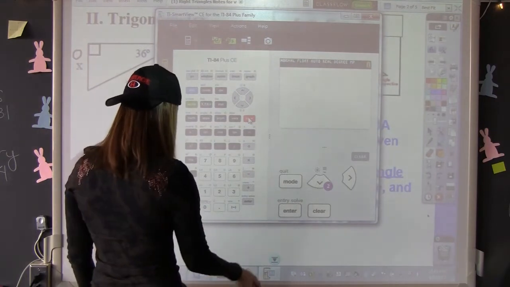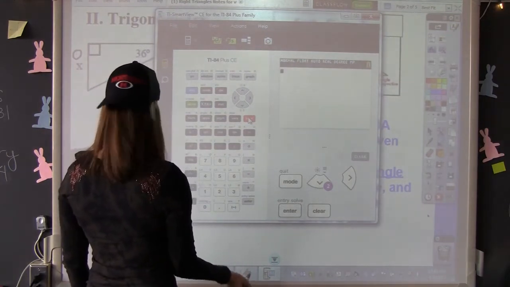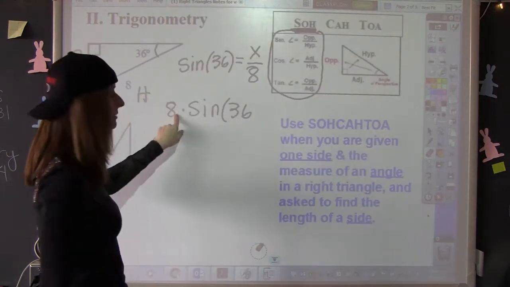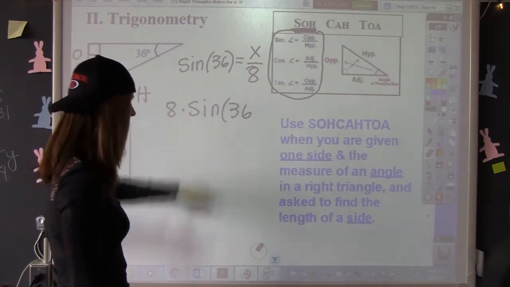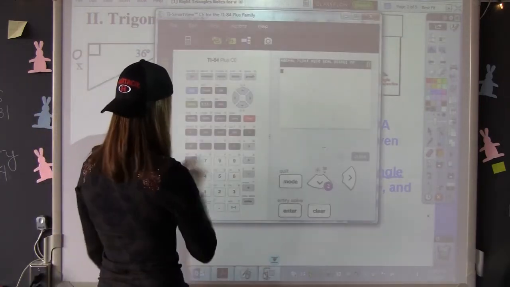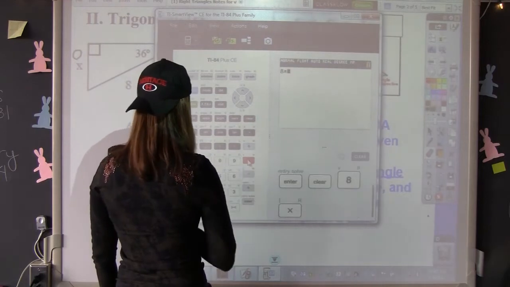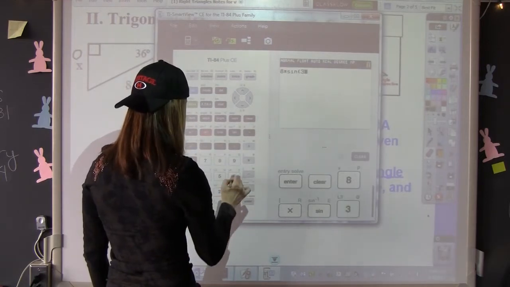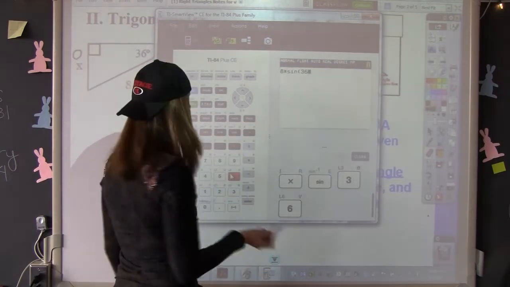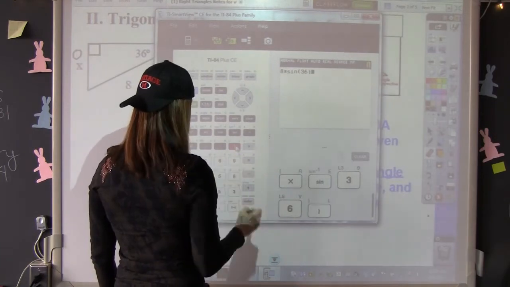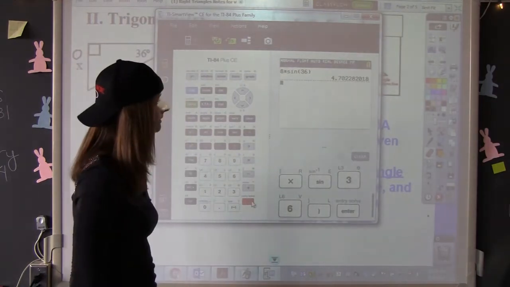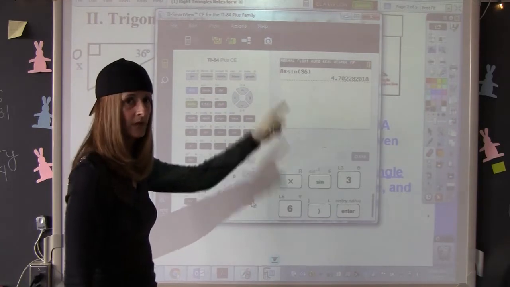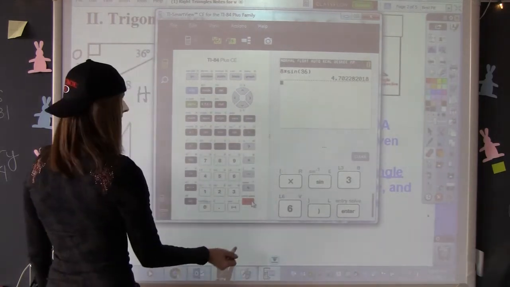All right, so we go back up to our problem. We are multiplying 8 times the sine of 36. 8 times sine 36. I'm going to close the parentheses. There we go. Okay, so that's the length of our side.